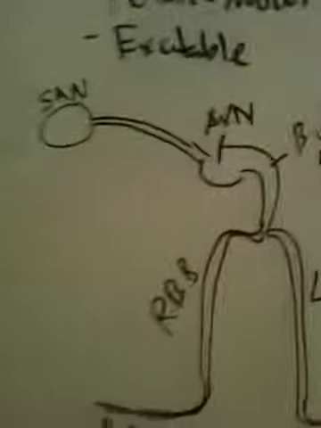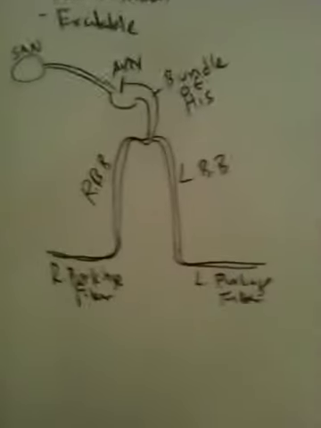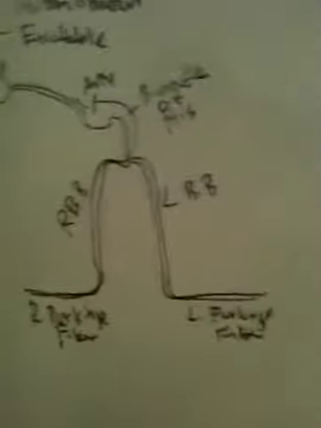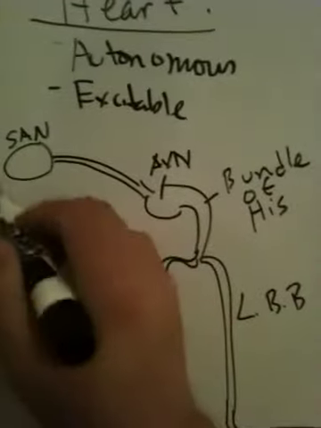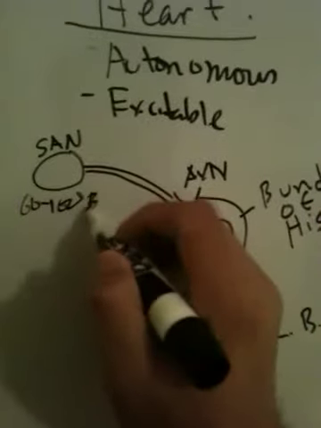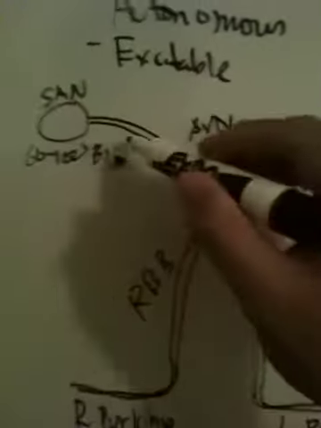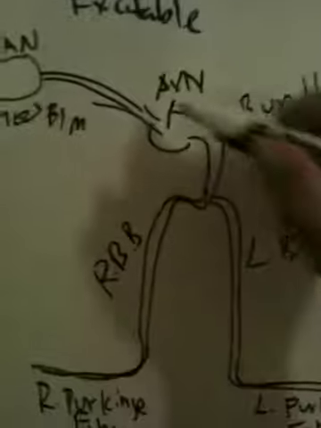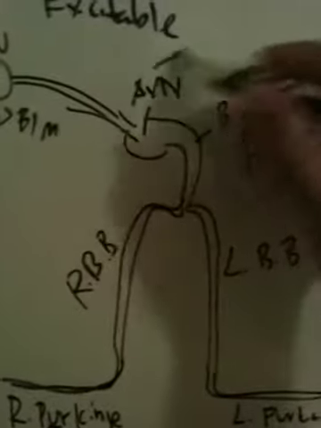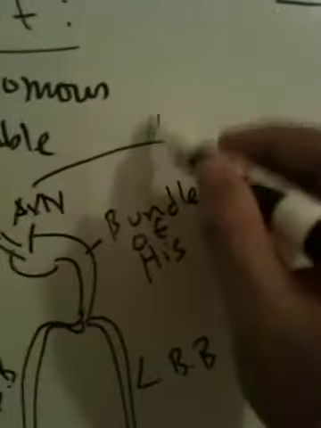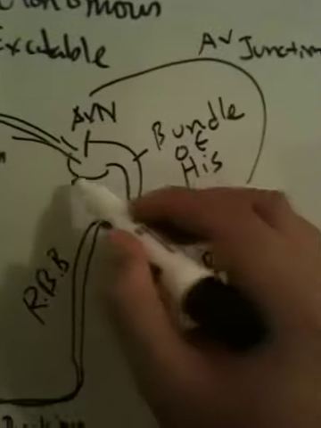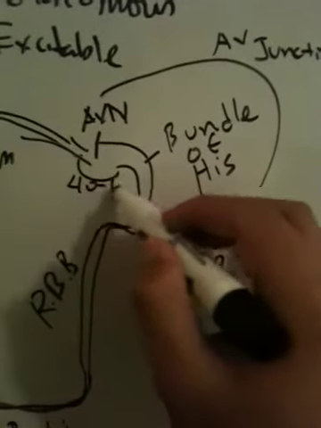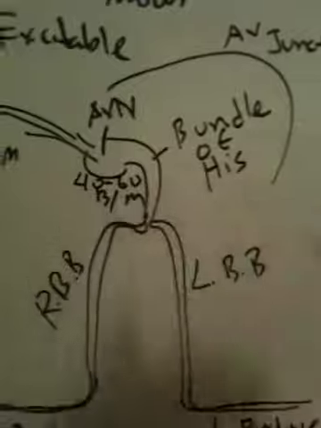So basically here in this very quick analytical sketch, the SA node transmits an electrical impulse at a rate of 60 to 100 beats per minute down to the AV node, the AV junction. This AV junction has a rate of around 40 to 60 beats per minute.